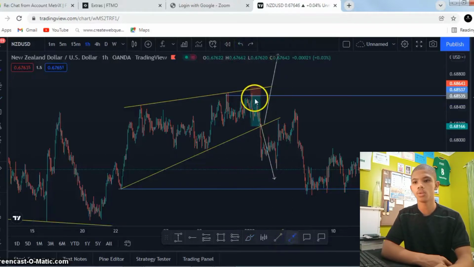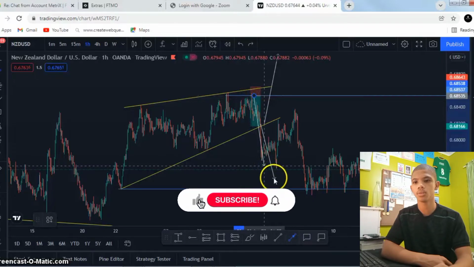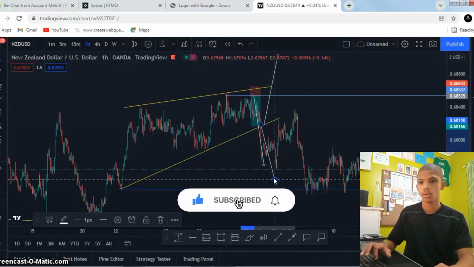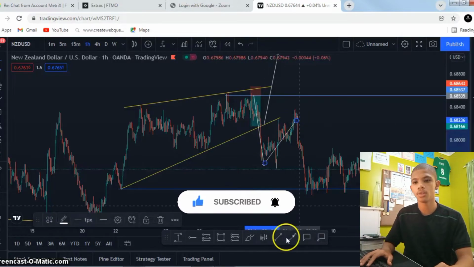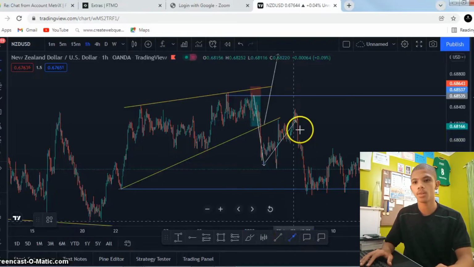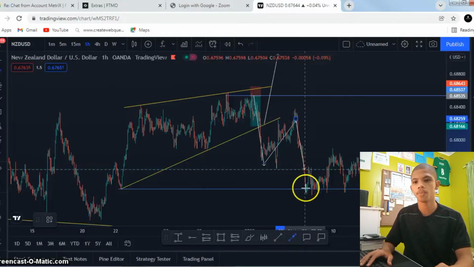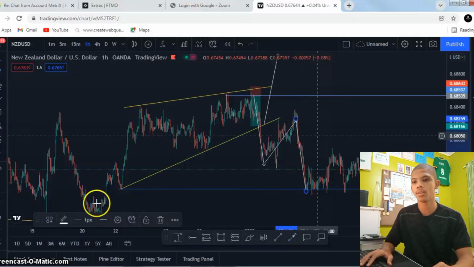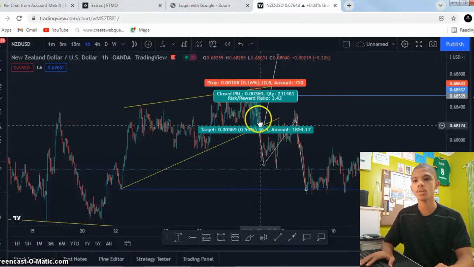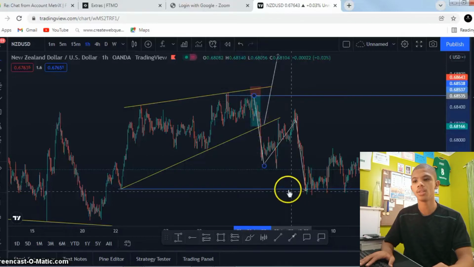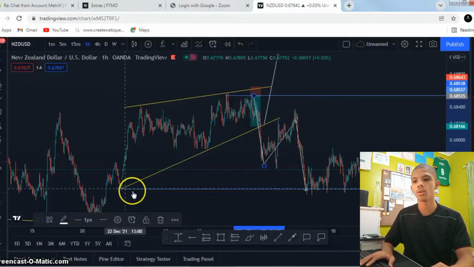Here we have the impulse down, then you have your correction phase, and then the next phase impulsed right to this 90% rule. So keeping in mind that the second target is the 90% rule, hence the horizontal line over there.